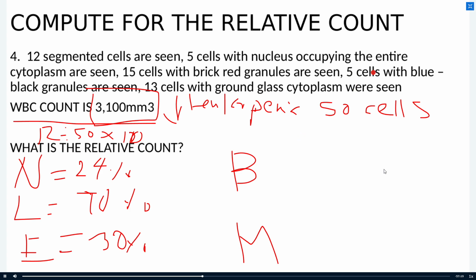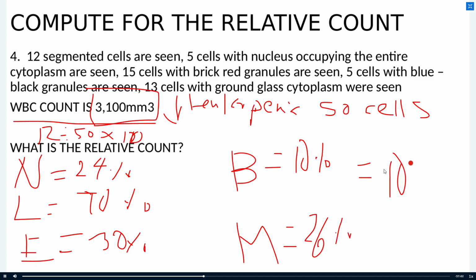And BASO, 5 divided by 50 times 100, you would get 10%. And Mono, which is 13, divided by 50 times 100, you would get 26%, for a total of 100%. So the first one who got it right are Miss Villarreal and Miss Talacan.